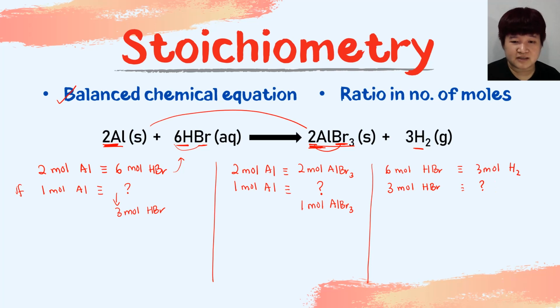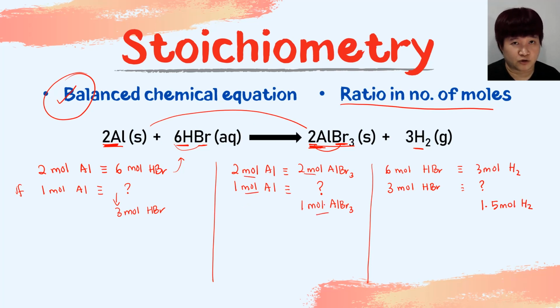Obviously 6 moles produce 3, so 3 moles then produce 1.5 moles of hydrogen gas. That is what we mean by stoichiometry, and that's why it must have a balanced chemical equation. And when you're comparing anything in the equation, the ratio must be in number of moles. That is what we need in stoichiometry.